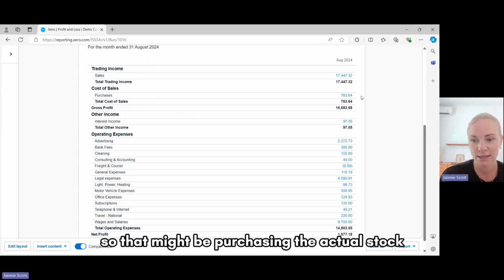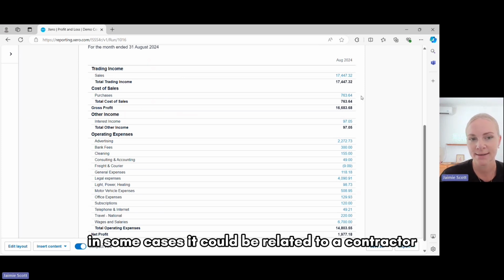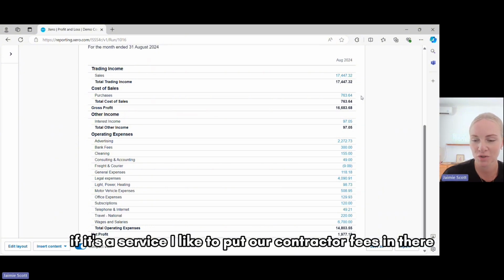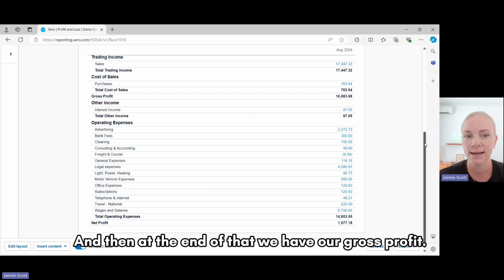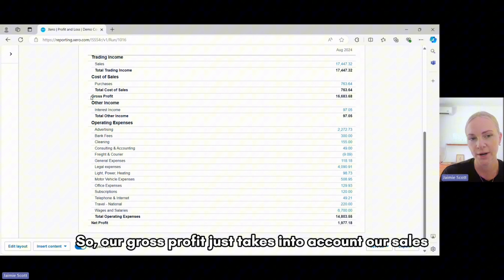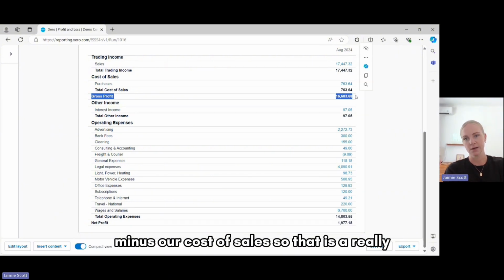So that might be purchasing the actual stock. In some cases, it could be related to a contractor if it's a service. I like to put our contractor fees in there if it directly relates to the sale. And then at the end of that, we have our gross profit. So our gross profit just takes into account our sales minus our cost of sales.